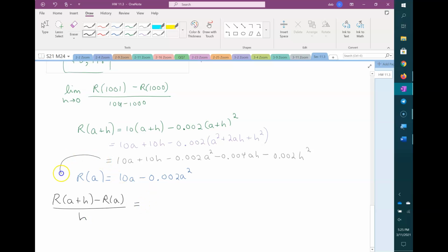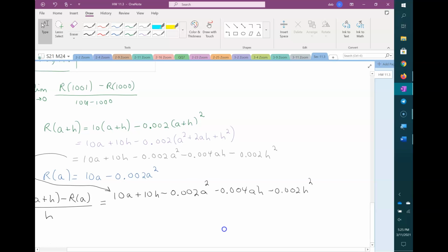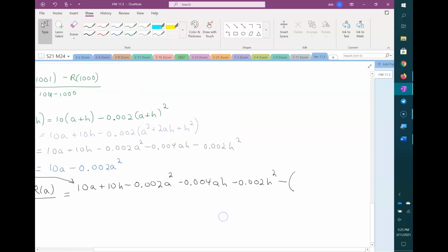So I'm going to write r of a plus h. This takes a lot of patience, I know. And then I'm going to subtract off with parentheses r of a, 10a minus 0.002a squared, and that's all over h.